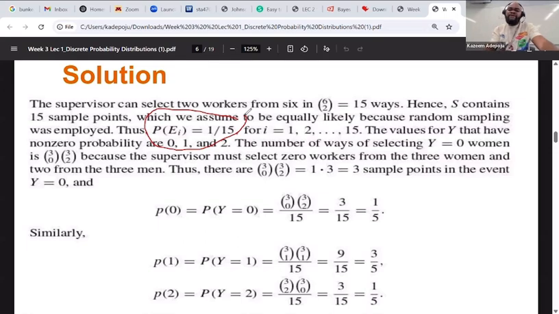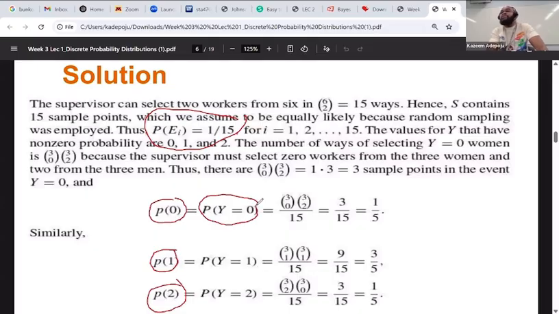I'm actually looking for the probability of choosing zero women, of choosing one woman, and of choosing two women. Now there's something I need you to notice. I want to find the probability that the number of women will be zero, here the probability that the number of women will be one, and here the probability that the number of women will be two.